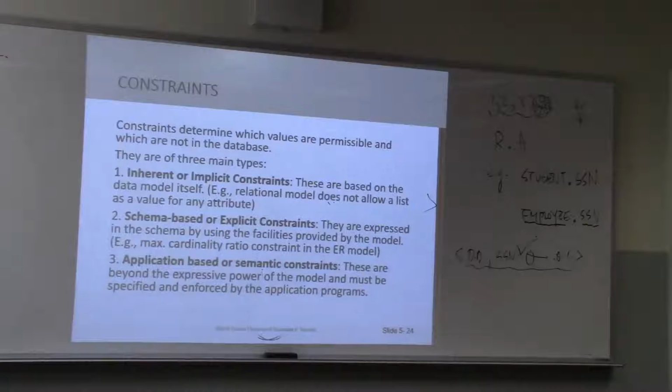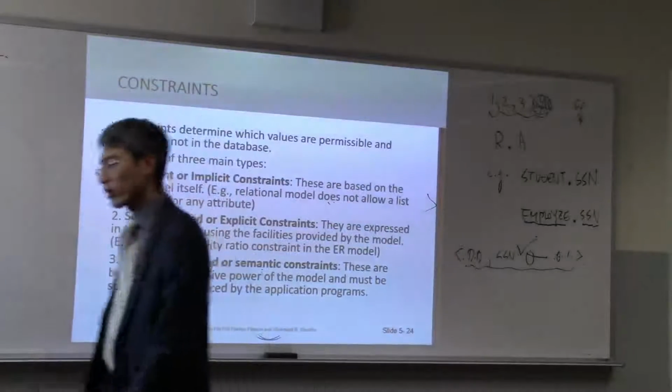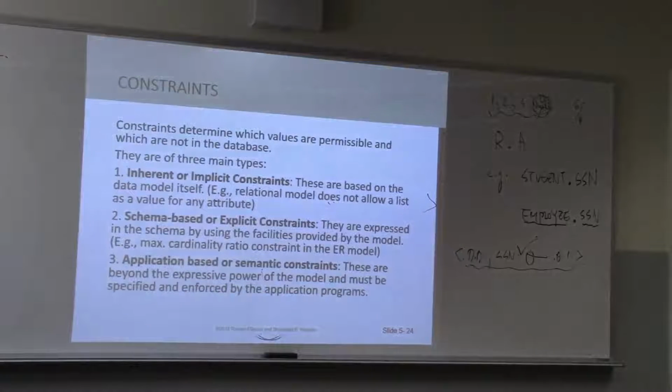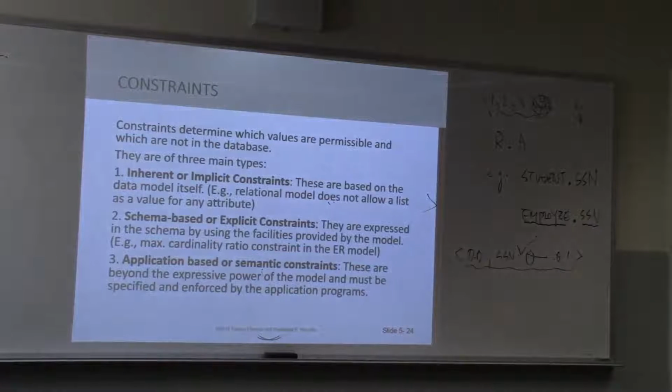Okay. So there are different types of constraints that define the relational model. There are 3 types, but we are going to focus on the schema-based or explicit constraints that define the schema description.